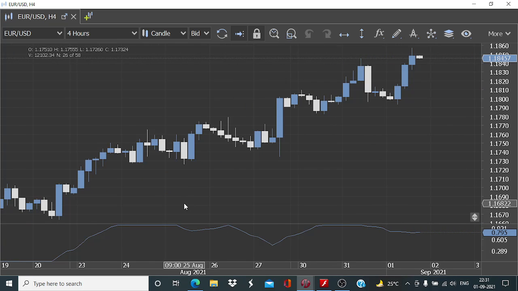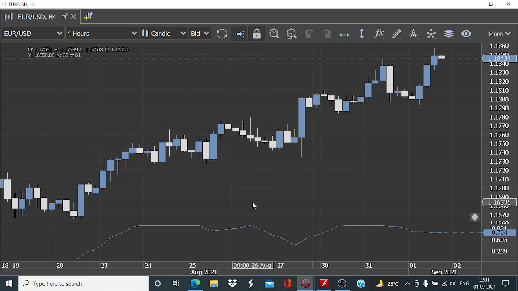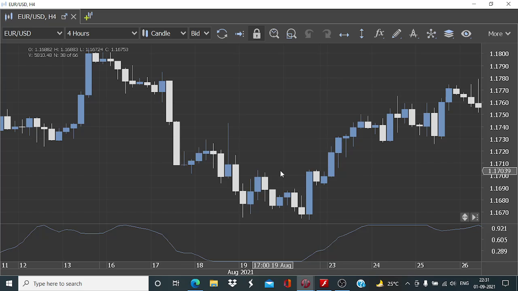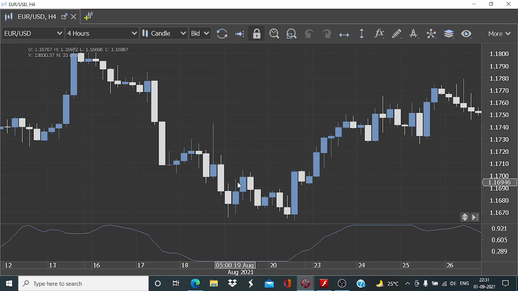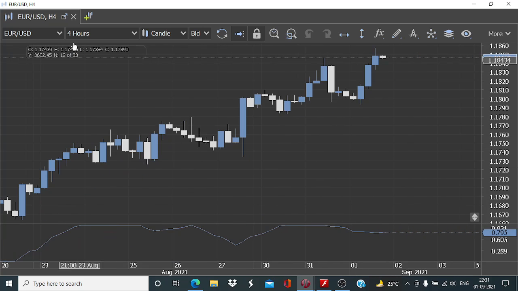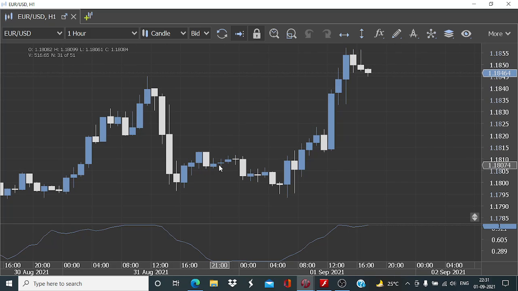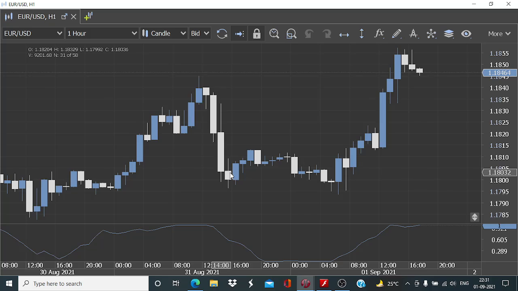So we will take this output value, and we will be looking to initiate the buy trade only when we have the Laguerre ACS output value above 0.5 on the 4 hourly candle period, and for a sell trade we will need the Laguerre ACS value to be below 0.5 on the 4 hourly candle period. After that we will turn our attention to the hourly time frame, and there we will be utilizing the overbought and oversold scenario setup.